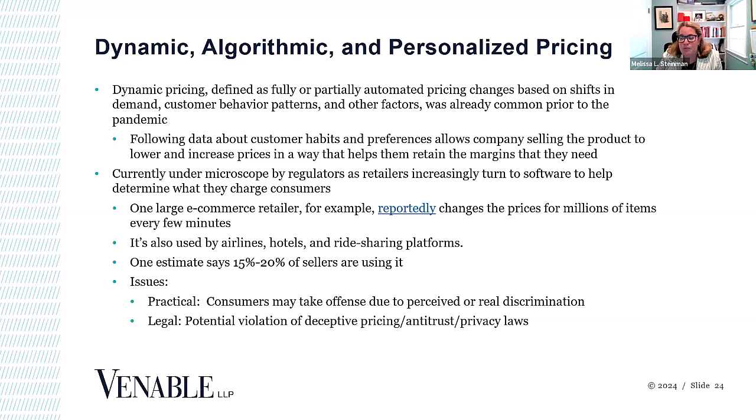It was just in the news in a story about surveillance pricing, which we'll talk about in a second. We found out from one e-commerce retailer that reportedly changes its prices millions of times for millions of items every few minutes. Airlines, hotels, ride sharing platforms, reportedly 15 to 20% of sellers are using it.